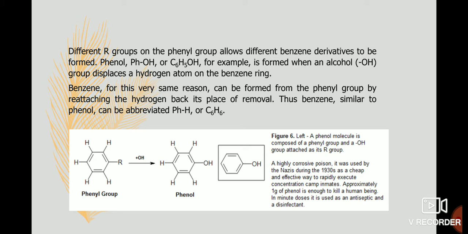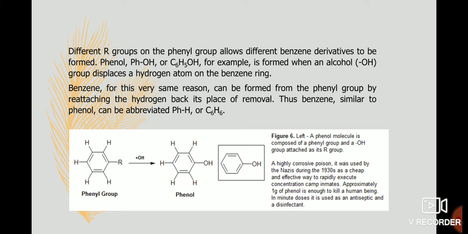So phenol, that is PhOH, where C6H5 was the phenyl radical or the fragment that was formed, and OH is the group that is attached to the phenyl molecule. So phenol is formed when the hydroxyl group displaces a hydrogen atom on the benzene ring.